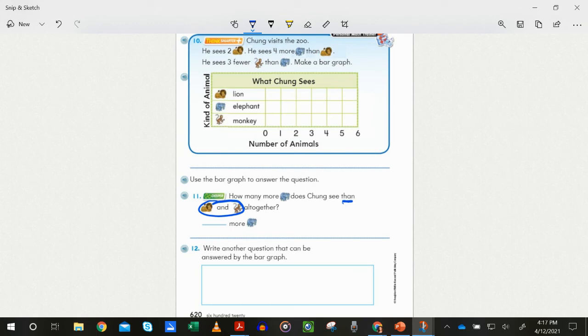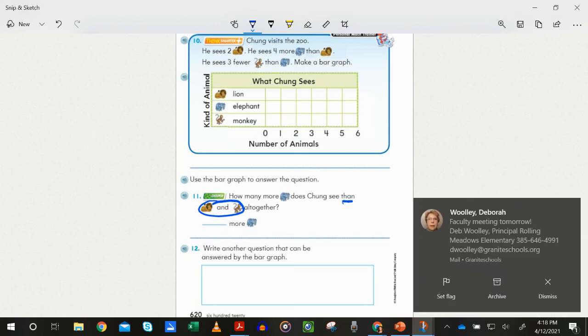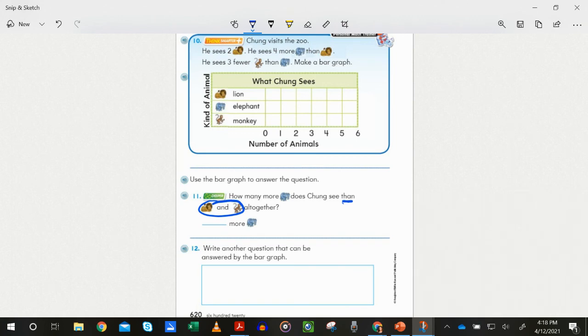So we have the than and we have the and. Ooh, this was a challenge question. Okay. And number 12, you get to write your own question for the bar graph. So what question would you like to ask and answer using the bar graph?